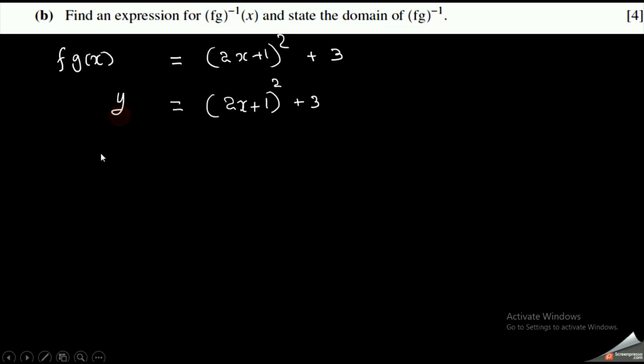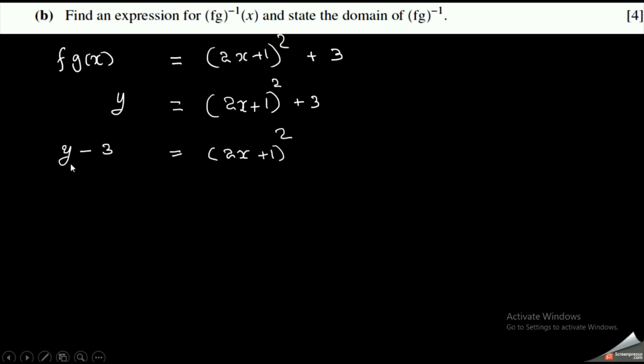You look at it, y is equal to this much, and then y minus 3 is equal to (2x plus 1) squared. What we did was we took this plus 3 to the left hand side, and when it goes to the left hand side it goes as minus 3, right? Now we have to isolate x, so this square has to be taken to the other side as a square root.